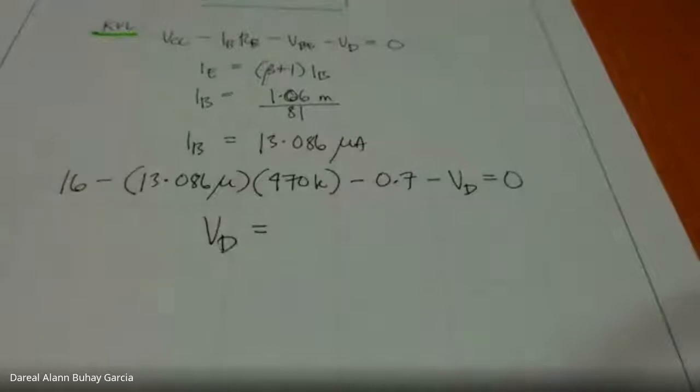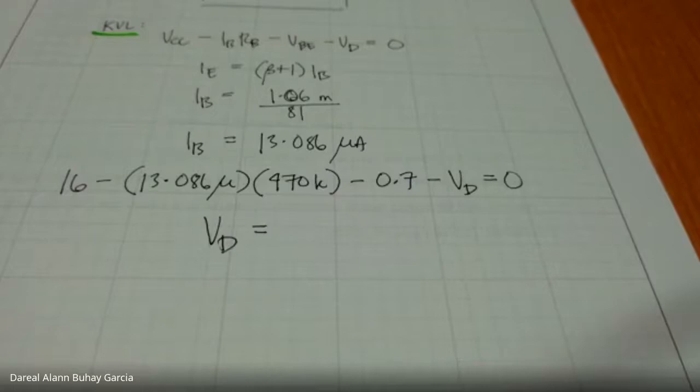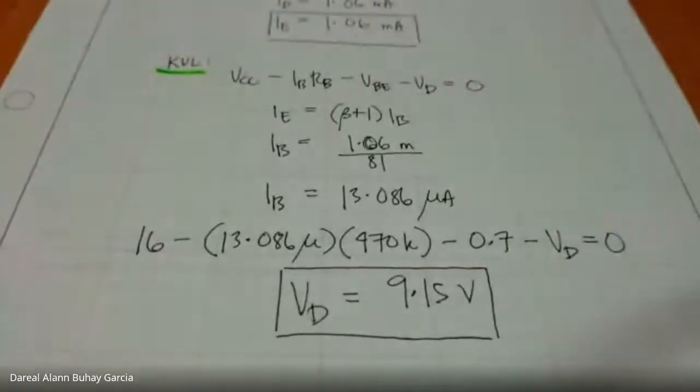Shift solve gives 9.15. So VD is 9.15 volts. Final answer. Questions?